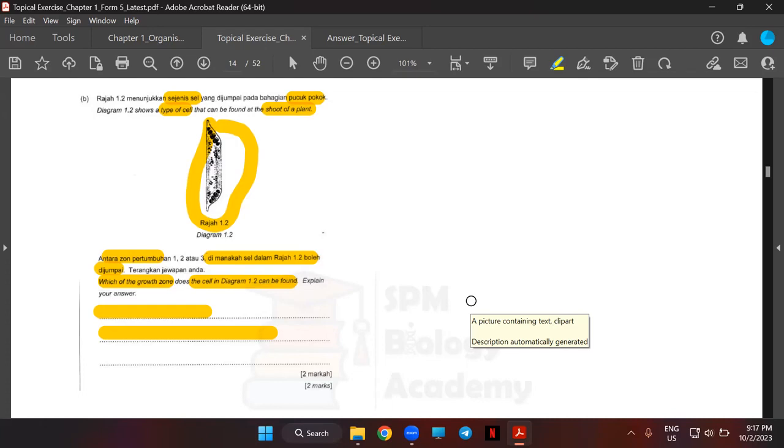Diagram 1.2 shows a xylem vessel which is a permanent tissue that have undergone differentiation. Saya ulang balik. Diagram 1.2 shows xylem vessel ataupun xylem tissue which is a permanent tissue that have undergone differentiation.